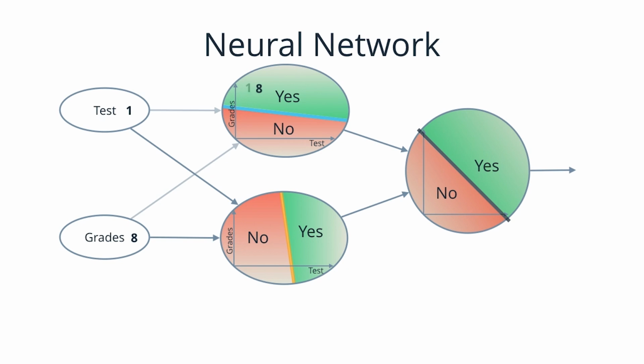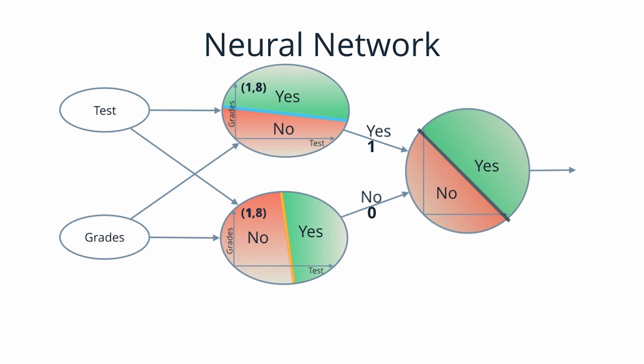In the top node, the point 1, 8 is in the green or positive region, so the top node emits a yes. In the bottom node, the point 1, 8 is in the red or negative region, so the bottom node emits a no. Now we remember that a yes is represented by a 1 and a no is represented by a 0.